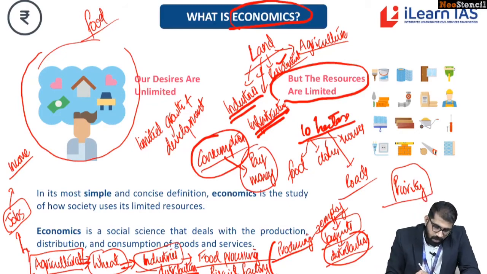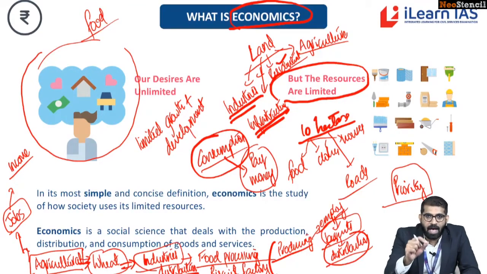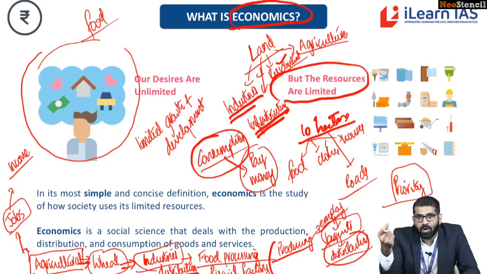For example, the farmer who has produced the wheat gets income when they sell the wheat. They use the same income to purchase the biscuit that is produced in the factory using their wheat. Clear? So the farmer, with the income that they got out of selling the wheat, is purchasing the biscuit from the market.